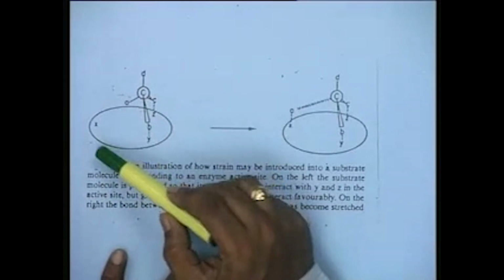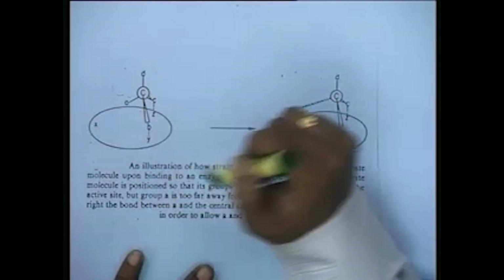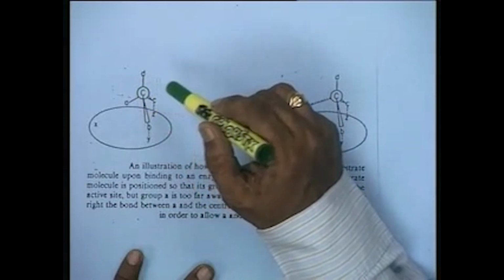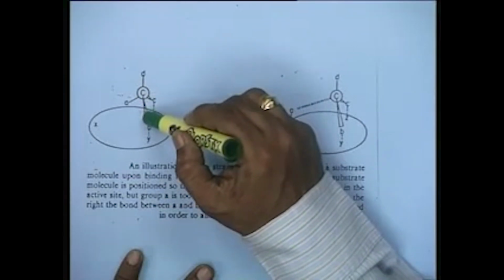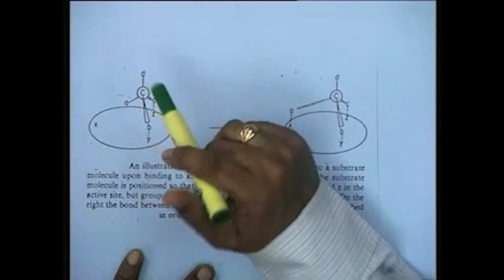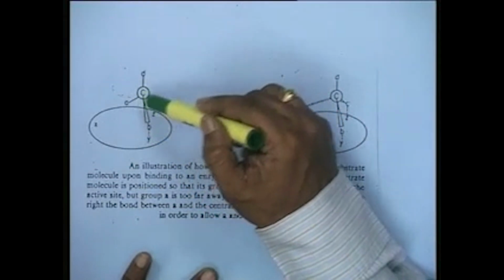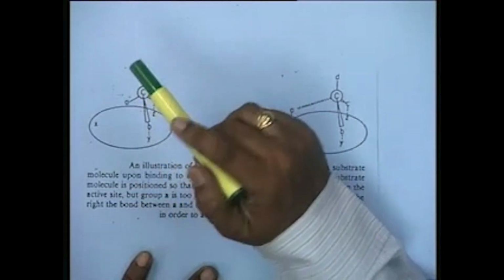Now consider a hypothetical case in which we have an enzyme active site shown by this egg shaped ellipse, and a substrate molecule with a central carbon atom and A, B and C functional groups present on it. These are supposed to bind with X, Y and Z, which are the amino acid residues on the active site.